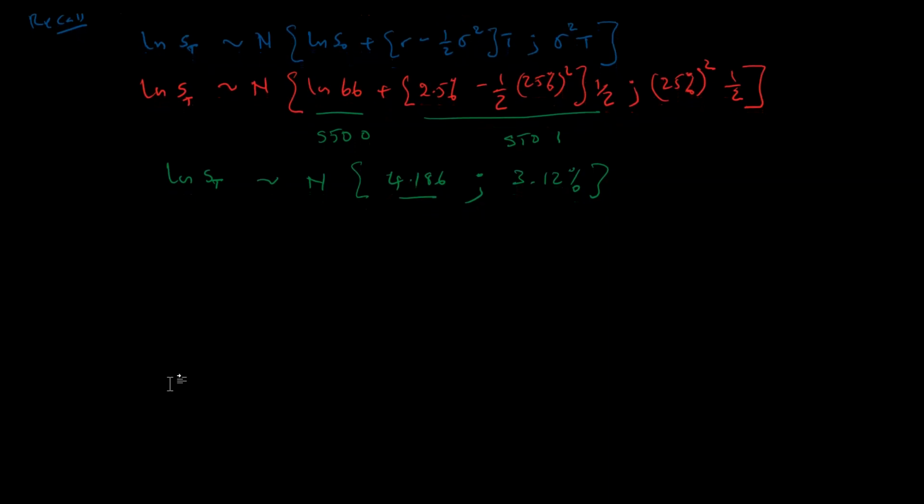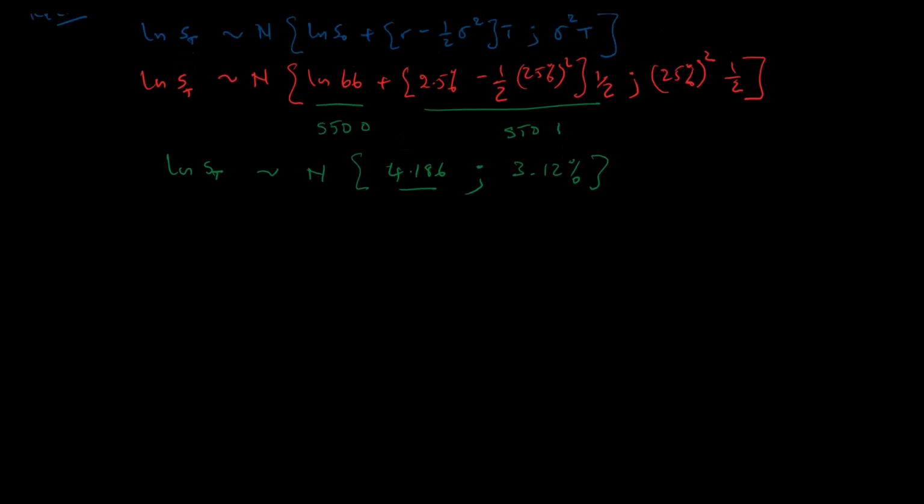Well, because we're talking about logs, a log can be negative, and remember, we are working with a normal probability distribution here. So what do we have? We would have something that looks like this. We would have our distribution here, and we'll say we want, say, the confidence interval at the 95%.